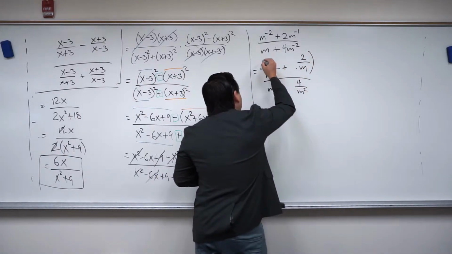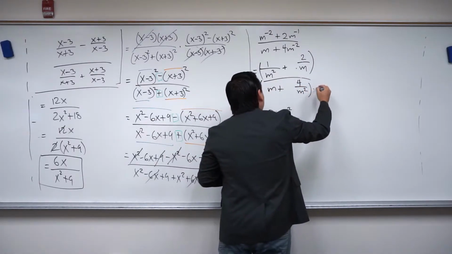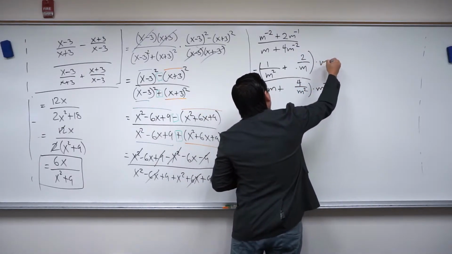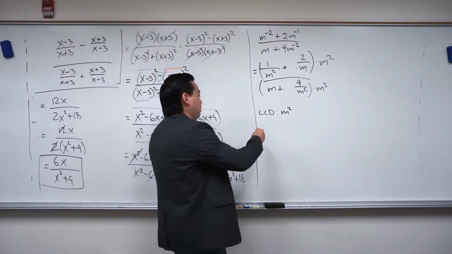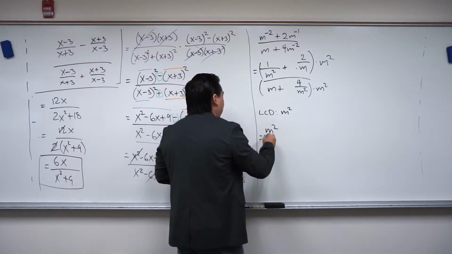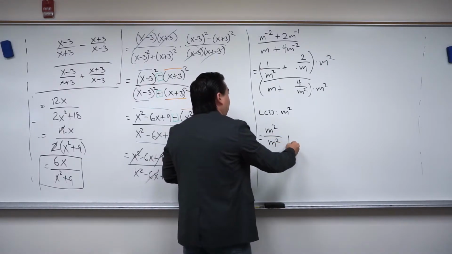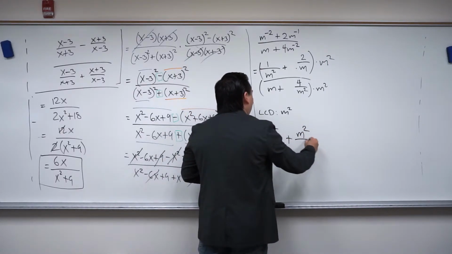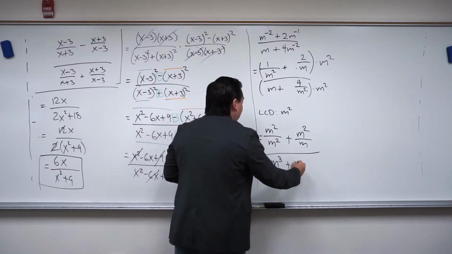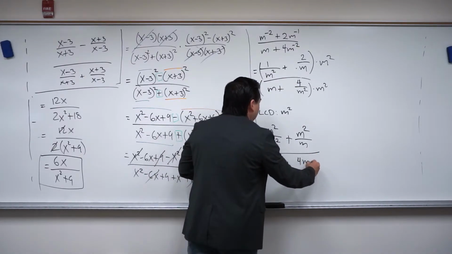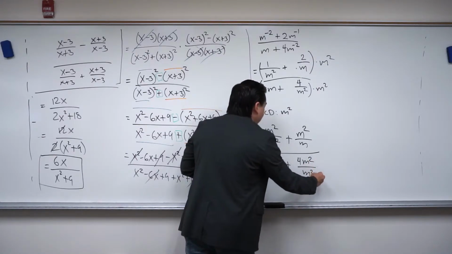So I'm going to rewrite this by multiplying the top and the bottom by m squared. Use the distribution, so you get m squared divided by m squared plus m squared over m divided by m cubed plus 4m squared over m squared.